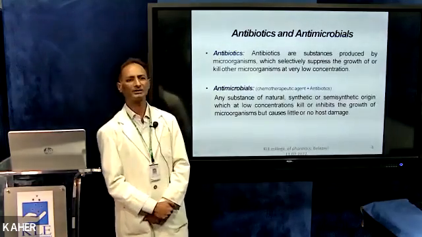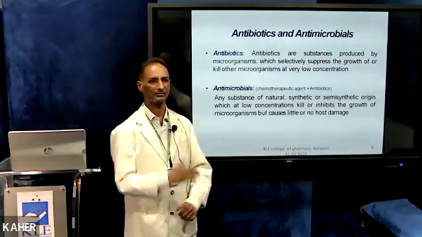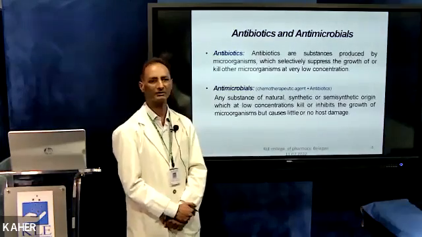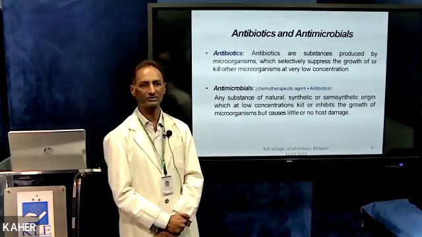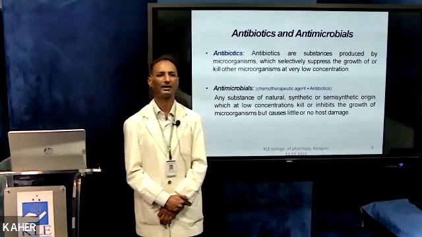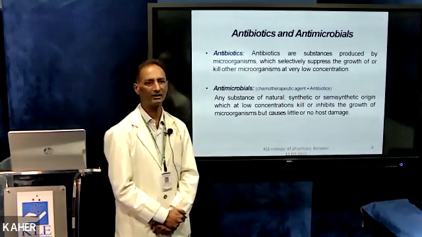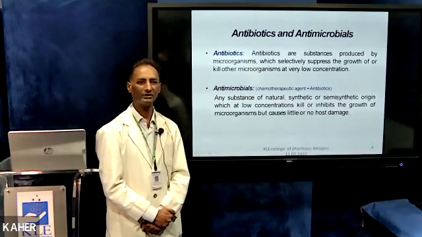These are the different classes of components in chemotherapeutics: antibiotics and antimicrobials. Antibiotics are substances produced by microbes which selectively suppress growth, kill, or inhibit the growth of other microbes at very low concentrations.